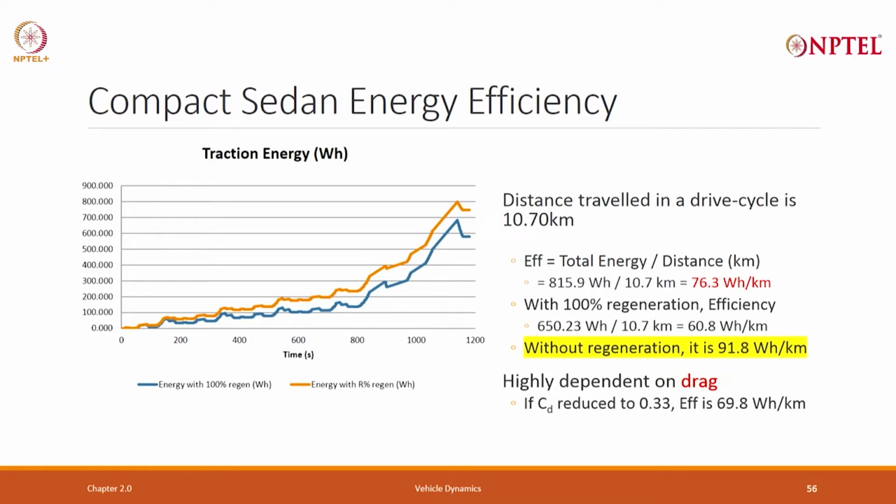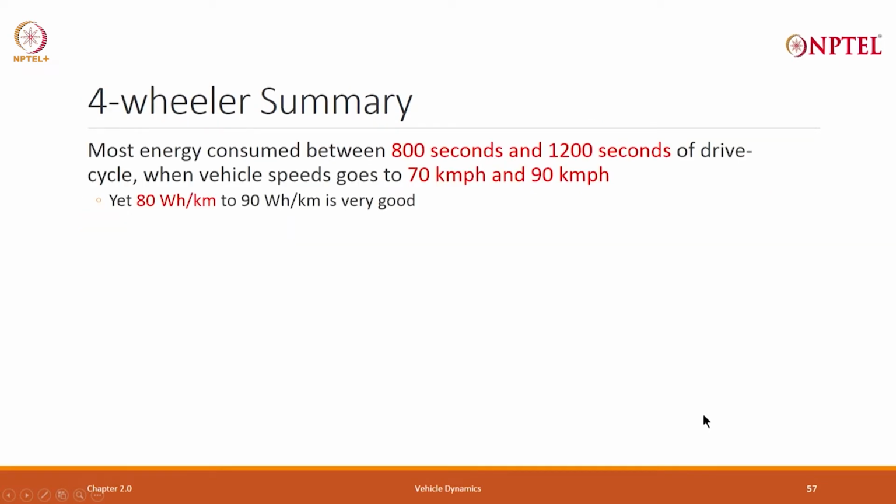Because we are going up to 90 km/h. Drag plays a very important role. If CD is reduced, efficiency goes down from 76.3, or probably I do not remember now whether it was done with 0 regeneration or 50% regeneration, I will double check that, but you can significantly reduce that. I will show you this number later on again.